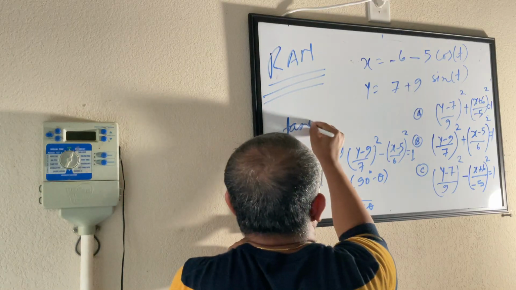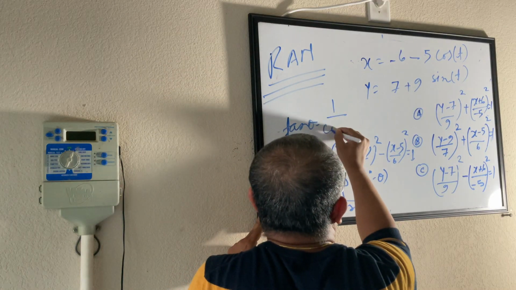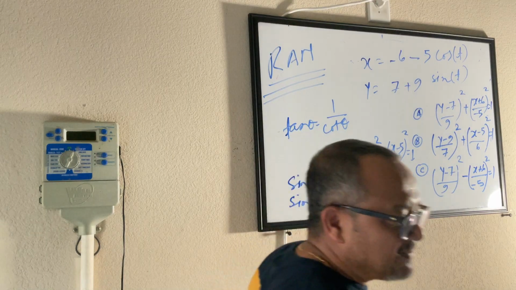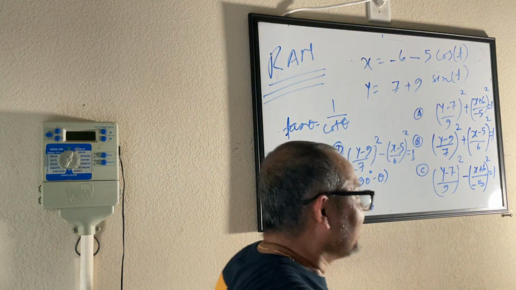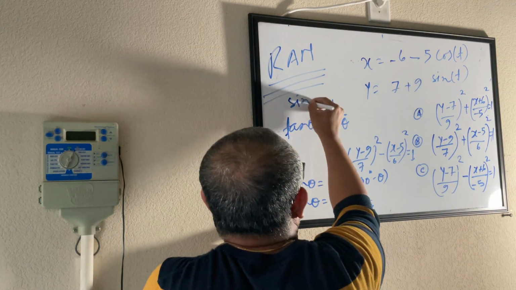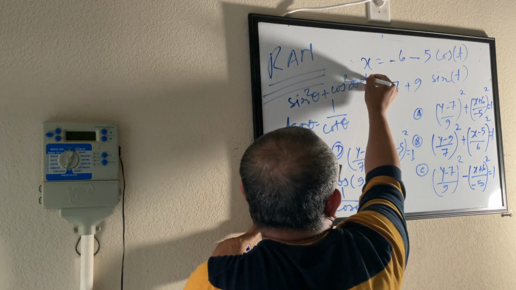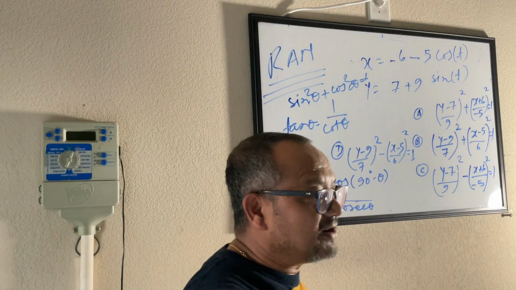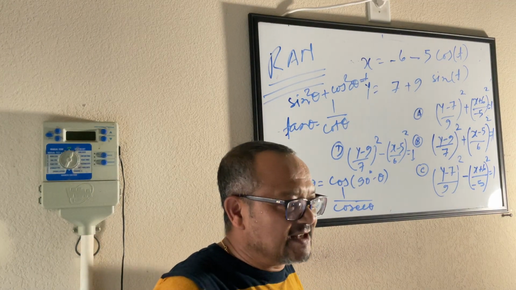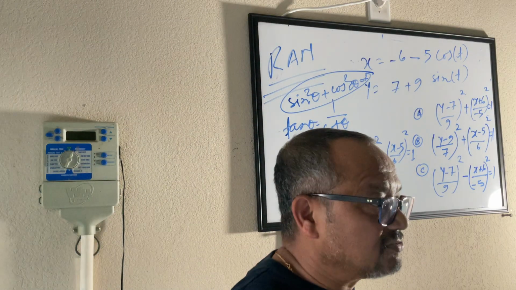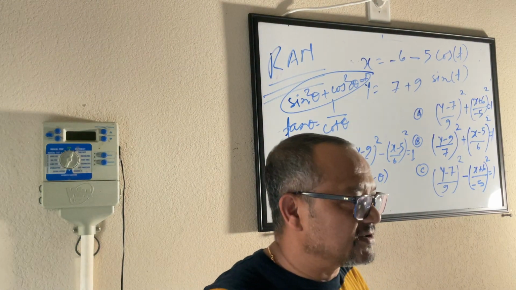Tan theta equal to 1 by cot theta. I'm still keeping the trump card with me. Sine square theta plus cos square theta equal to 1. This is something that we all know since we have been dealing with trigonometry. Do you guys remember this?